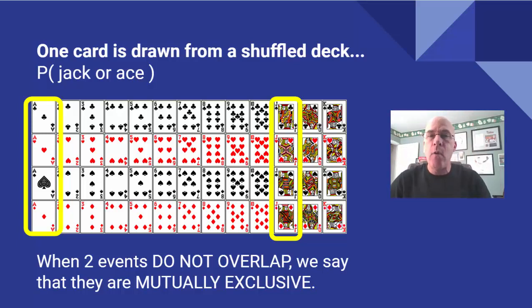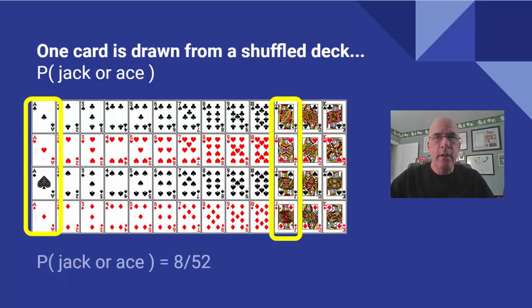They have nothing in common. They don't overlap. That term mutually exclusive won't be so important to your learning, but it's nice to tuck away. Mutually meaning between the two things, they exclude each other. So hopefully that term makes sense. And here we can simply count that altogether, the number of cards that are jacks or aces is 8. So the probability of jack or ace is 8 out of 52.